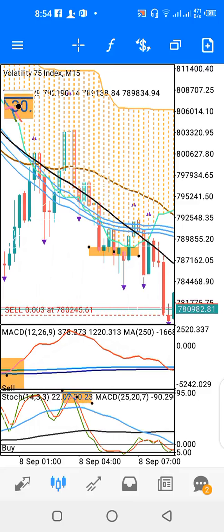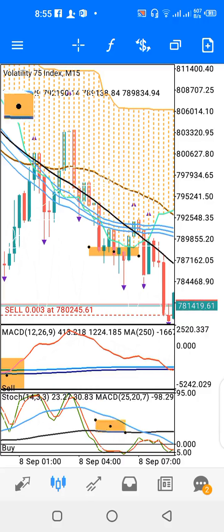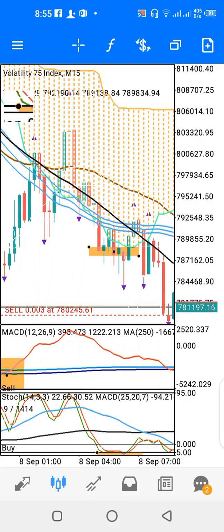But when you see the red and the green line staying above the 95 level, that's price getting to resistance, expect a sell. But if you see it getting to the 5 stochastic level, that means price is at support. Expect price to go up, expect to buy.